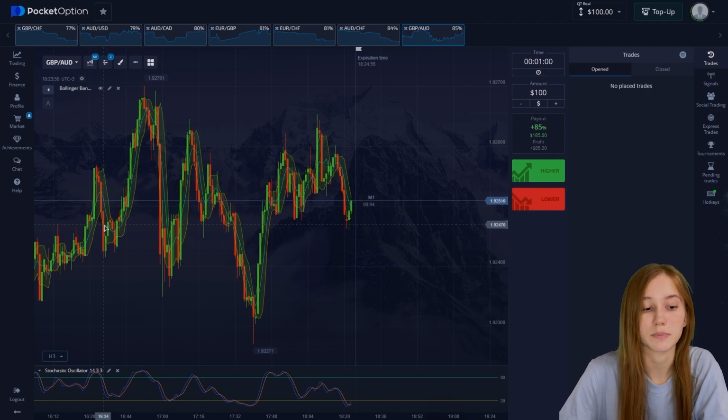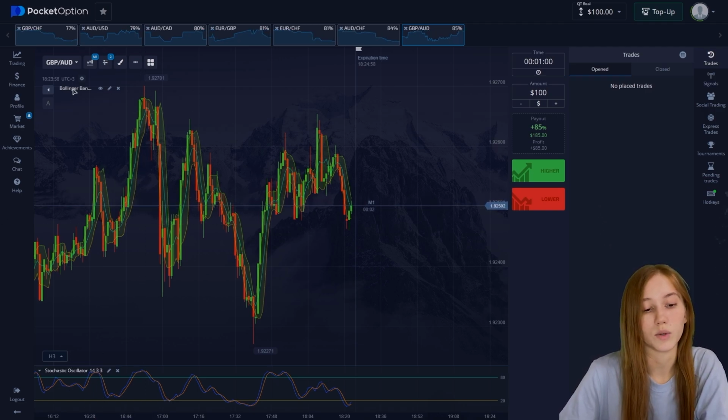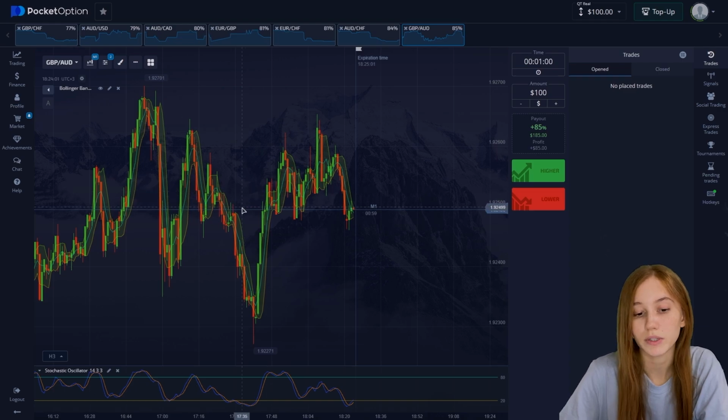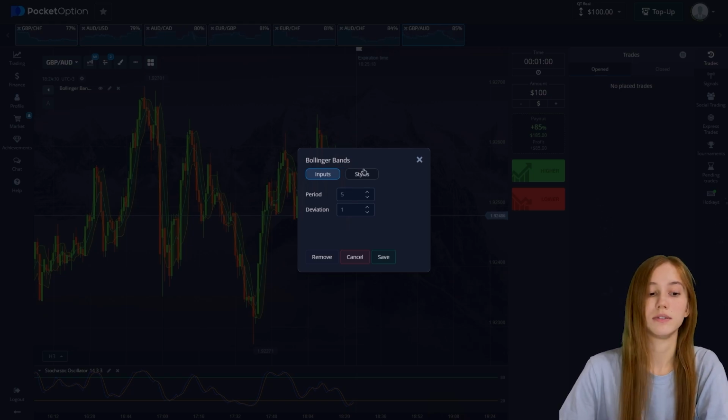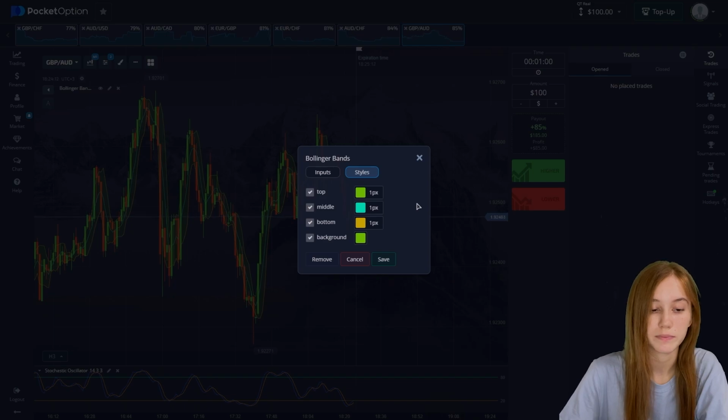Bollinger Bands are displayed on the chart along with price candles in the form of an upper and lower line located around the average of our moving average. This indicator shows the overall volatility, also the direction of our trend.